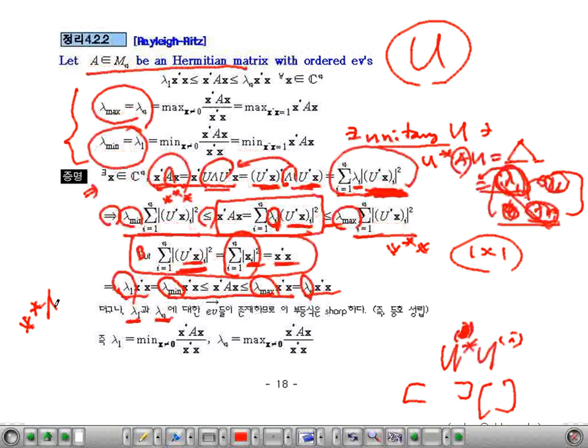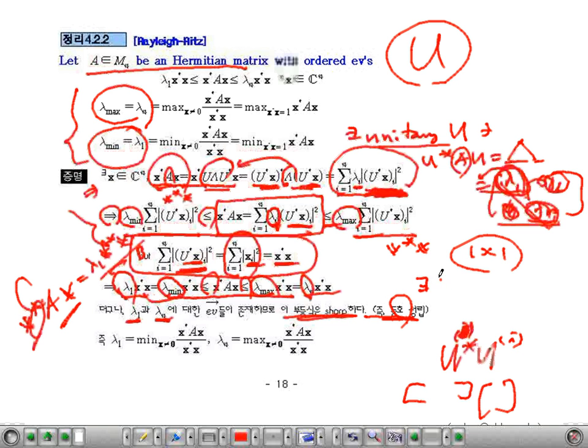If you have x star Ax, then that's lambda 1 x star x. This means if you delete it, you have Ax equals lambda 1 x, because x is a non-zero vector. It has a corresponding eigenvector. What that means is there really exists a vector x for which equality holds, which we say means this inequality is sharp.